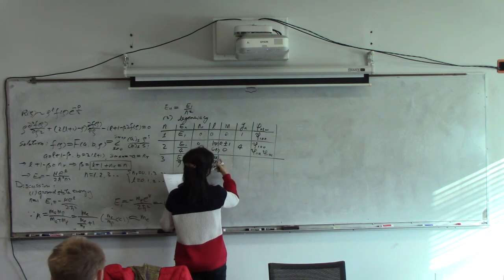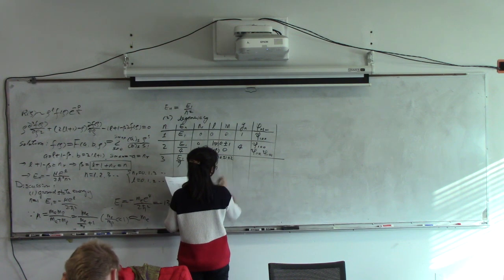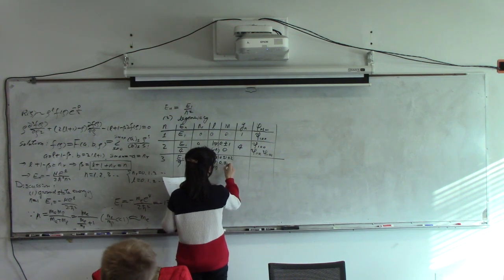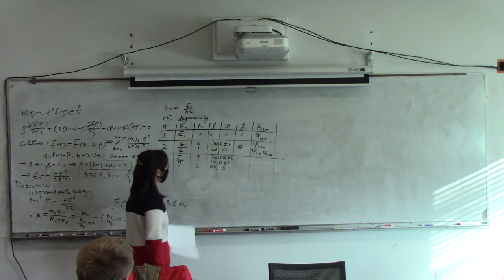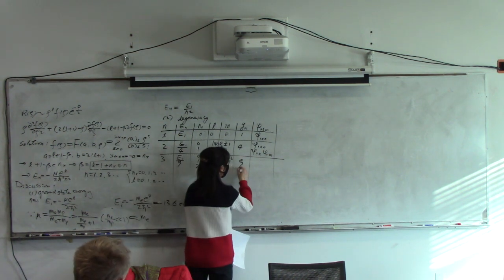Now when l equals 2, m is 0, plus or minus 1, plus or minus 2. When l equals 1 we have 0, plus or minus 1. And l equals 0. So how many states? 5 plus 3 plus 1, so 9, right?